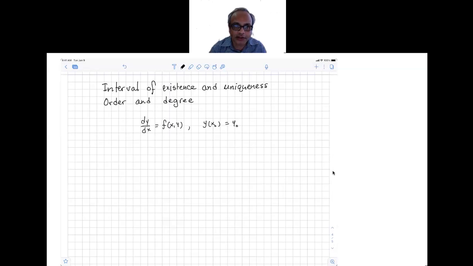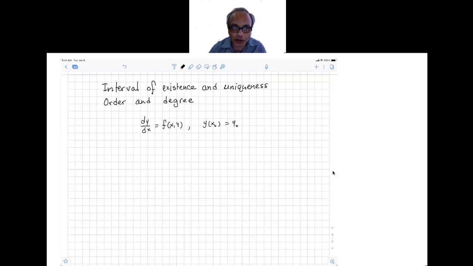In order to determine the interval of existence and uniqueness, write down your first order differential equation in the standard form. In the standard form, you have your first derivative with coefficient 1 and everything goes to the right hand side. Denote the right hand side by f, and then you need to choose a condition.